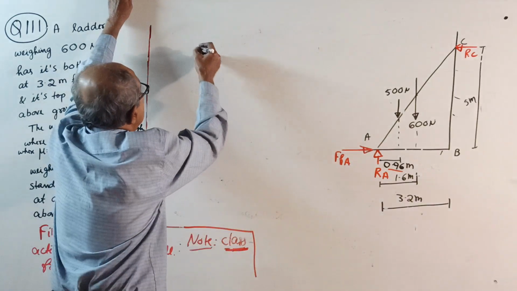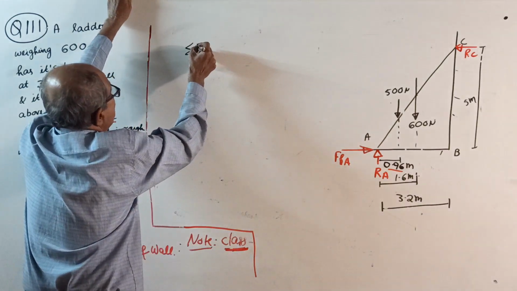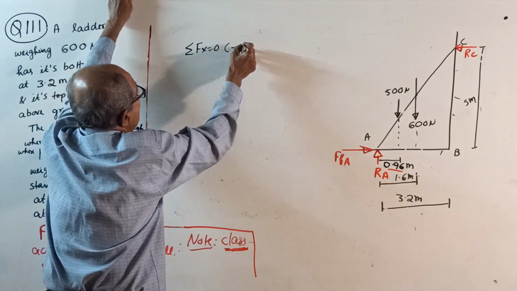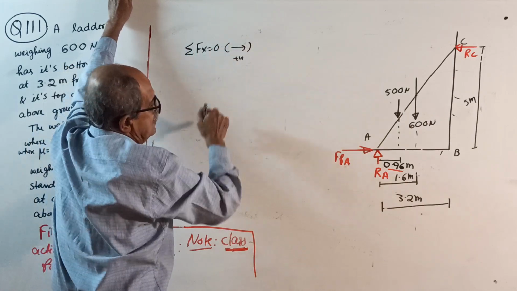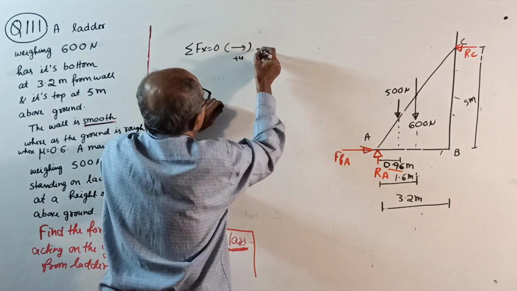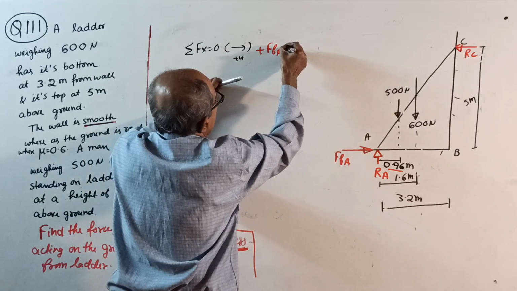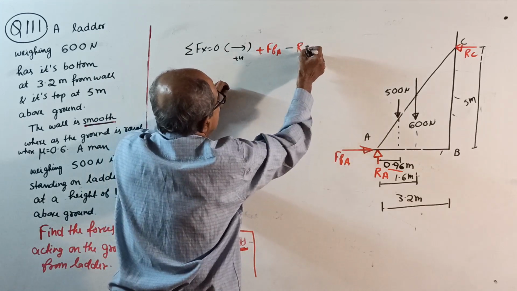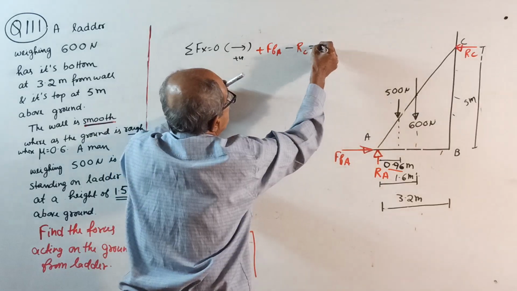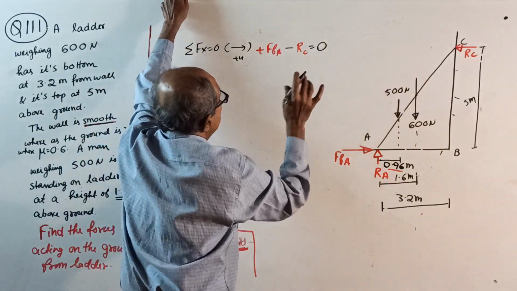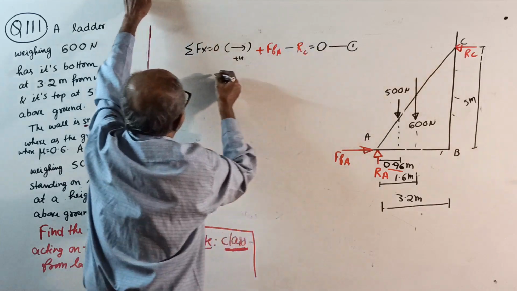Now, sigma Fx equal to 0, take right side positive: plus FF at A minus RC equal to 0. That is equation number 1.